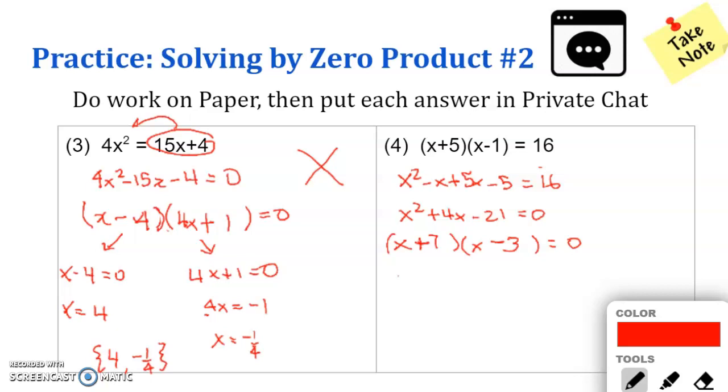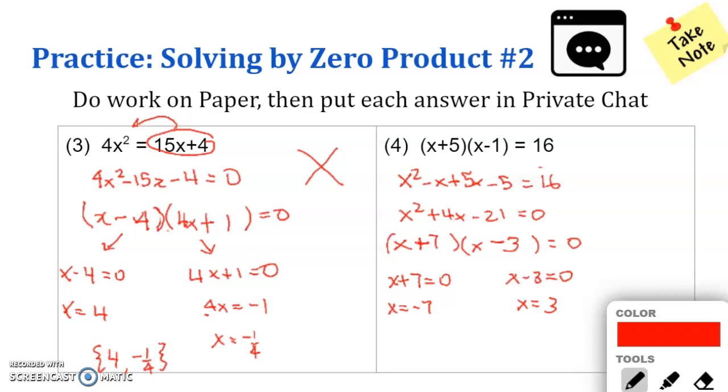From here I know that x plus 7 is equal to 0 or x minus 3 is equal to 0, and therefore x is going to be either negative 7 or x is going to be 3. And I can always check this by substituting these values back in there, and that will give me a true statement.